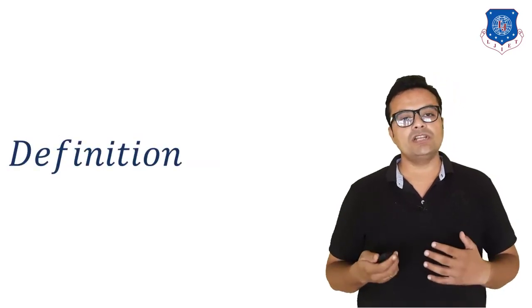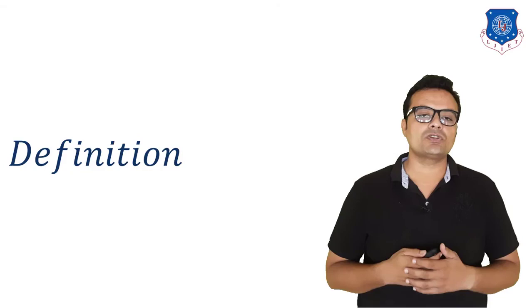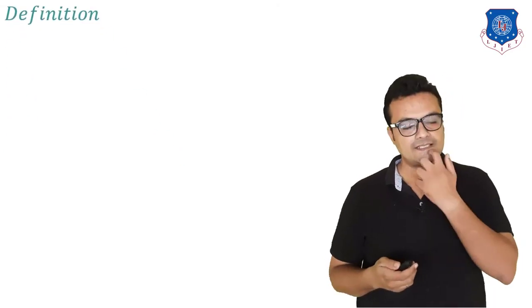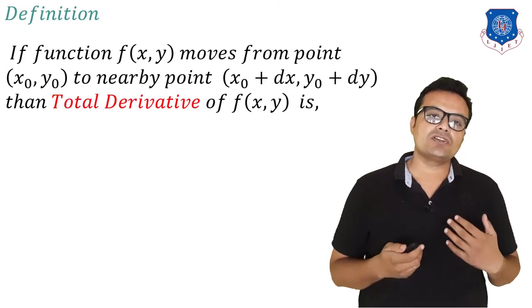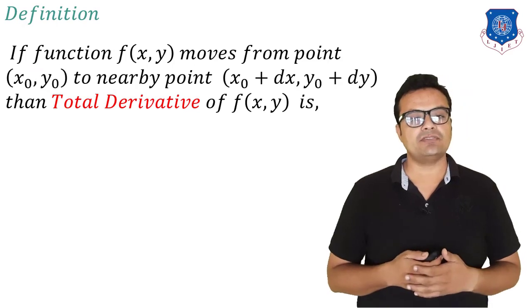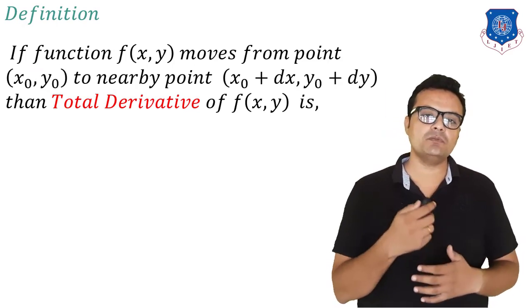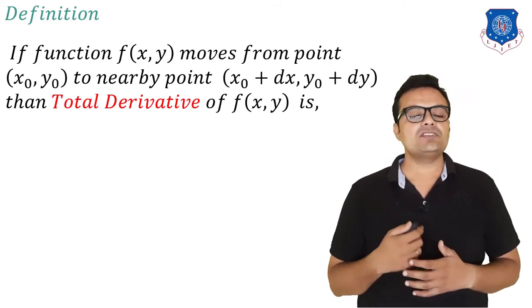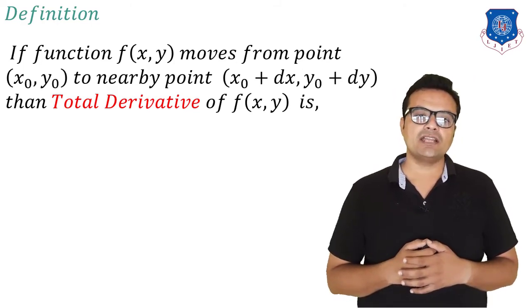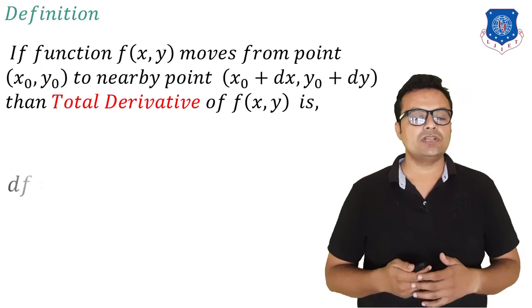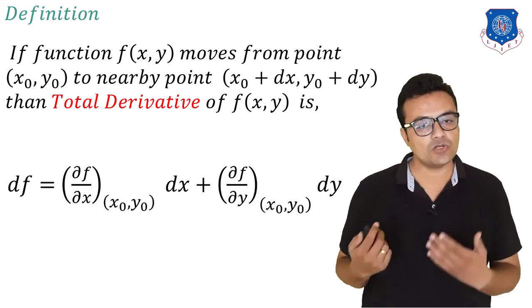So if you look carefully, the definition of total derivative is like this. If I take a function f of x y and if I try to move from the point x0, y0 to the nearby point in the domain x0 plus dx, y0 plus dy, then the total derivative is defined by this formula.